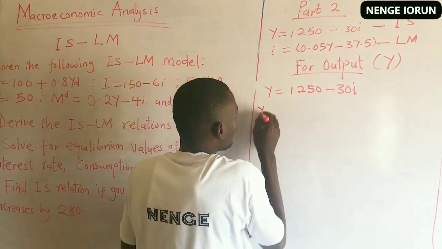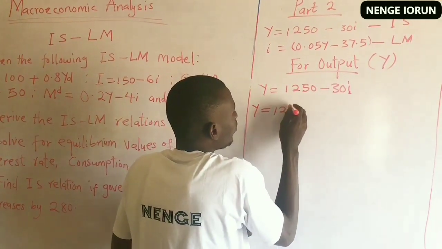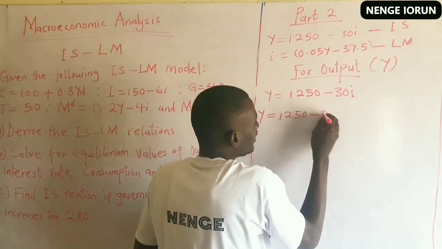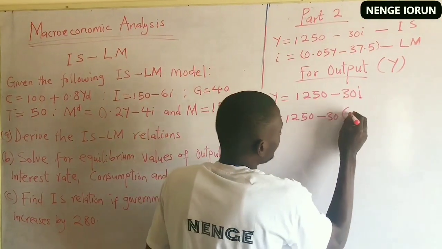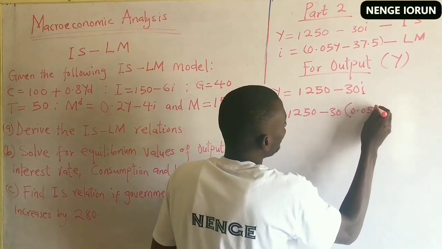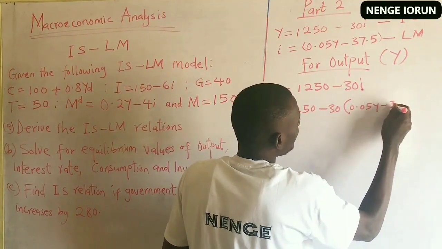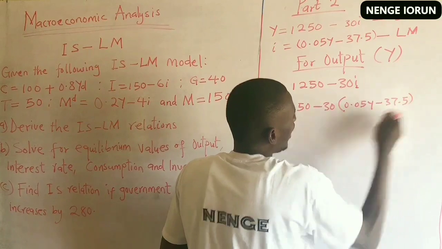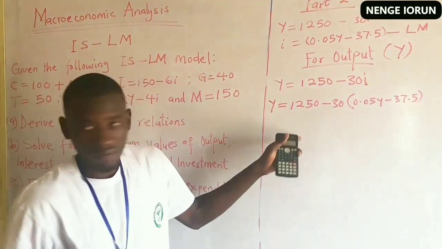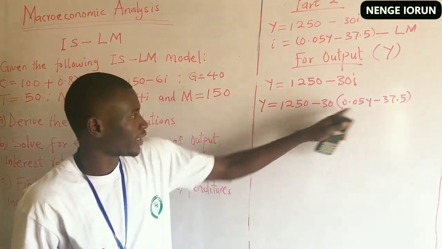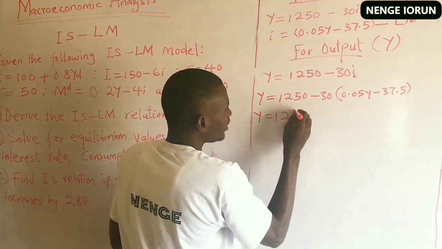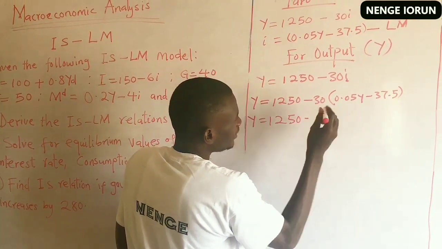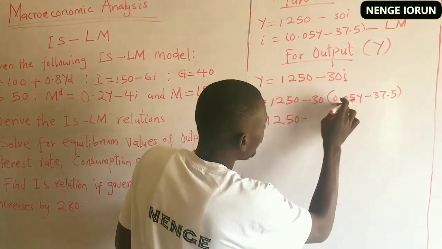So you will have Y is equal to 1250 minus 30 into, for i, you put this value, 0.05Y minus 37.5. To solve further, I want to remove this bracket. We have Y is equal to 1250 minus 30 times 0.05.